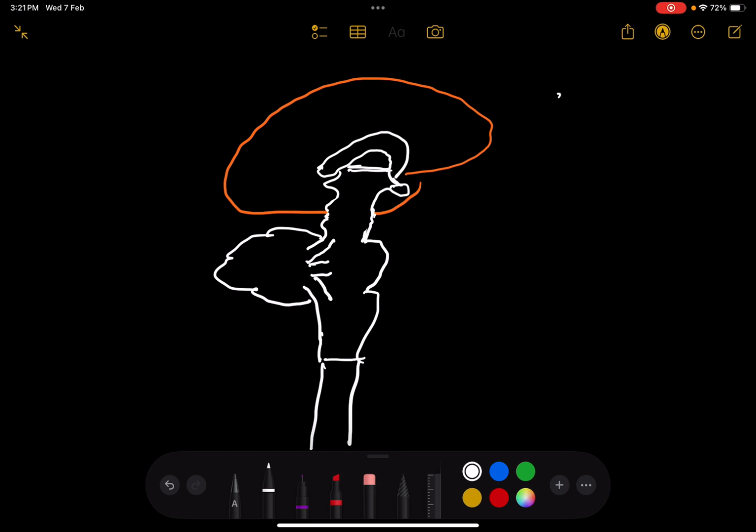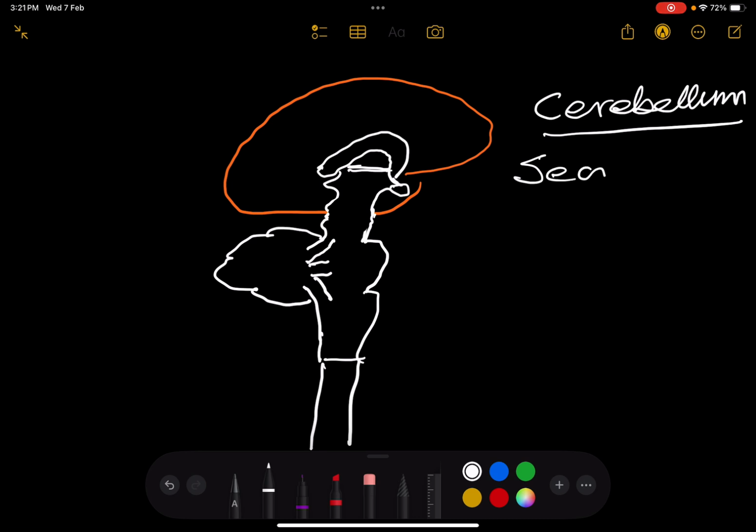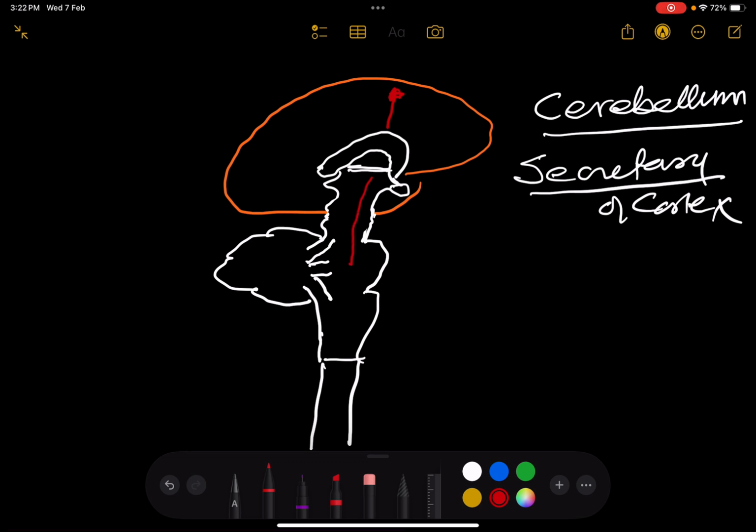So we are now studying the cerebellum. Cerebellum is the secretary of the cortex. And from the cortex, it finds out the position through cortico-pontocerebellar tracts.